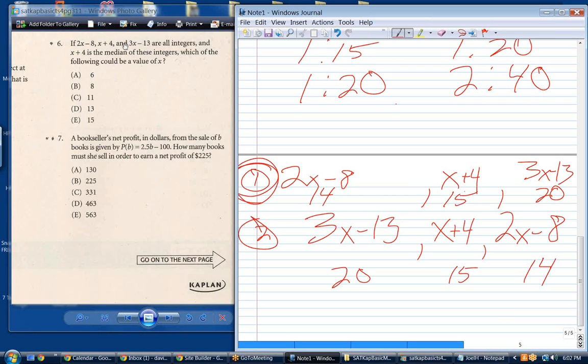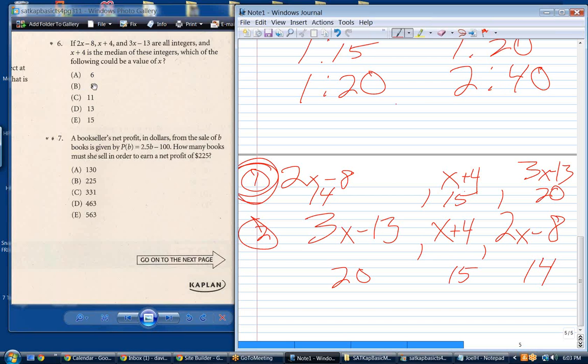Now, the reason I didn't start with B was because I knew that if 6 didn't work, it wouldn't tell me a whole lot. I wouldn't necessarily know that I needed a bigger number. Obviously all of these are bigger, but if I'd started with 8 and 8 did not work, I didn't have any idea where to go next.